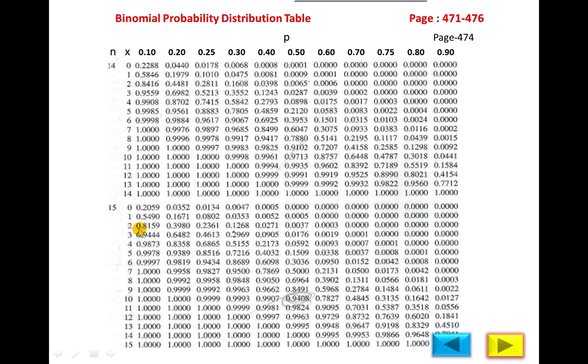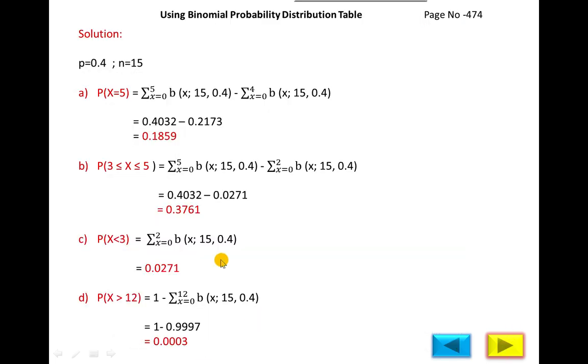From 0 to 15 the total probability is 1, so subtract this value, 0.997, and you will obtain the probability of 13, 14, 15.